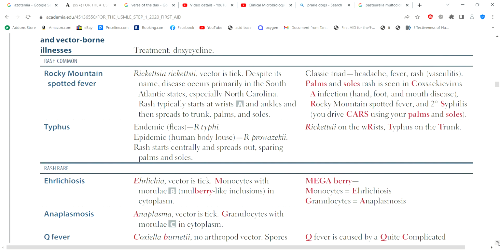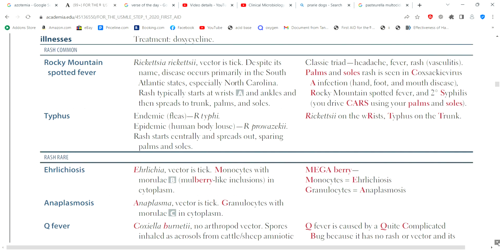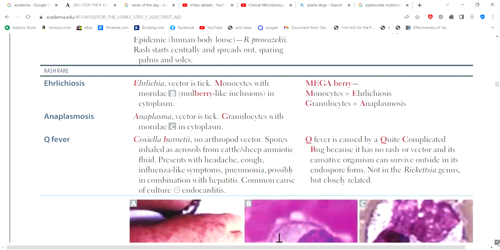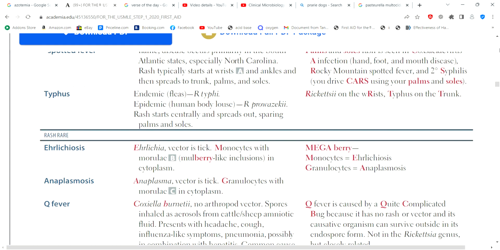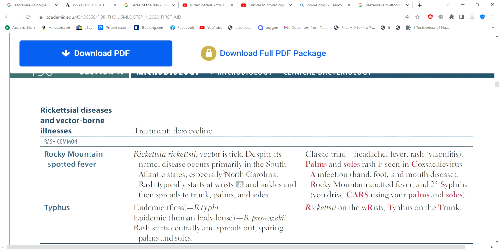So in Rocky Mountain spotted fever, the rash starts at the wrists and ankles and spreads to the trunk, palms, and soles.